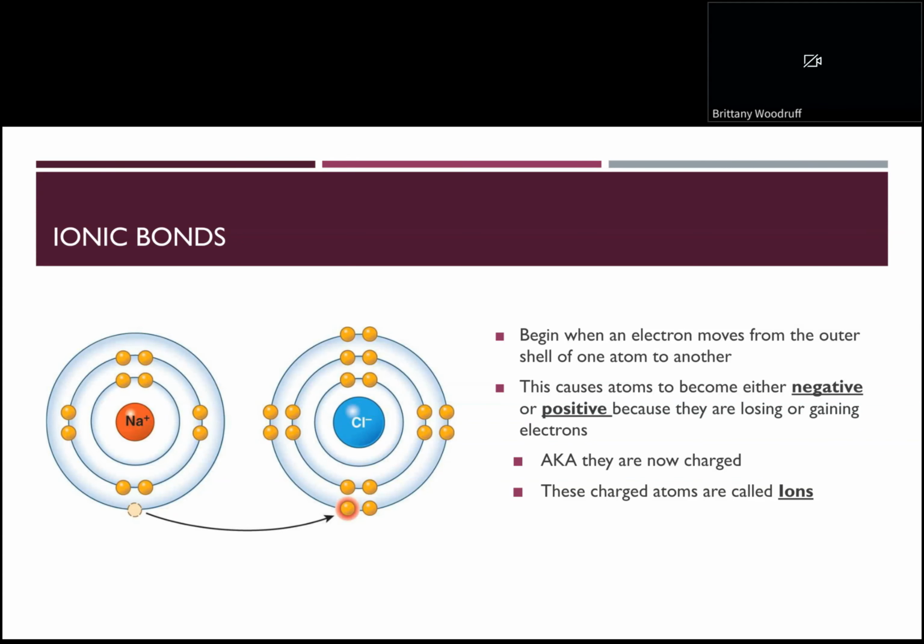So for those fill in the blanks, the electrical charge of the atom then changes from neutral to become either negative or positive. So what this means is they are now charged. Once they are charged atoms, they are called ions. Hence the word ionic bond. So these charged particles are called ions. So that's that first paragraph up here.